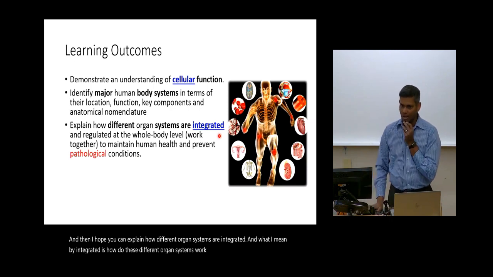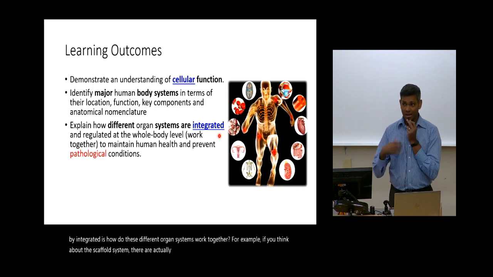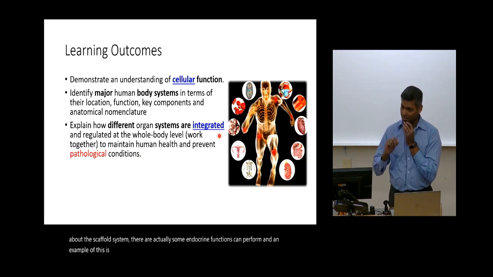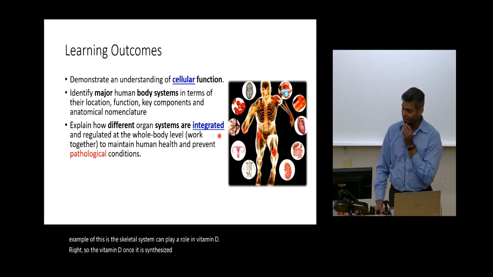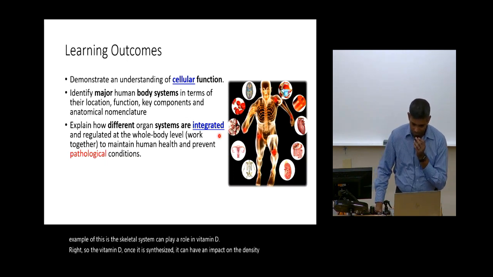For example, if you think about the skeletal system, there are actually some endocrine functions it can perform. An example of this is that the skeletal system can play a role in vitamin D synthesis, right? So the vitamin D, once it is synthesized, can have an impact on the density of the bones.